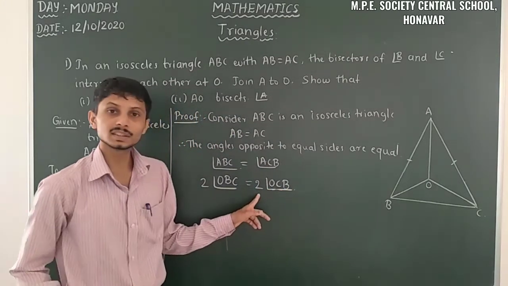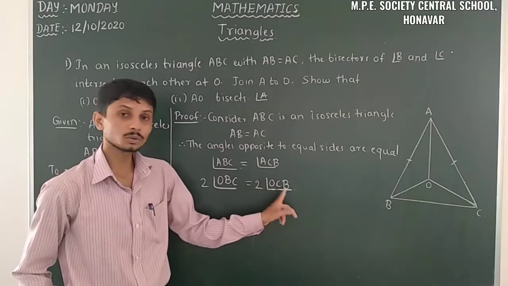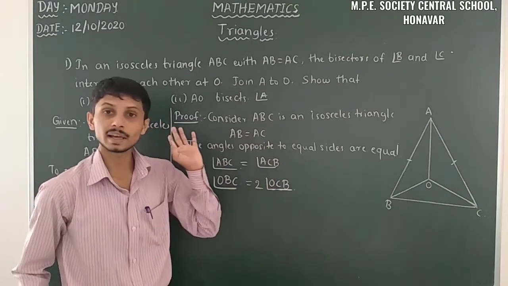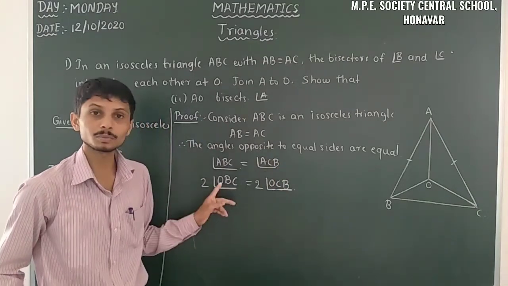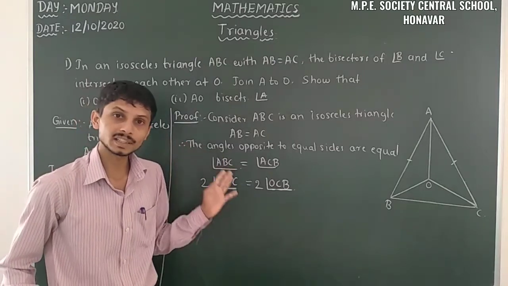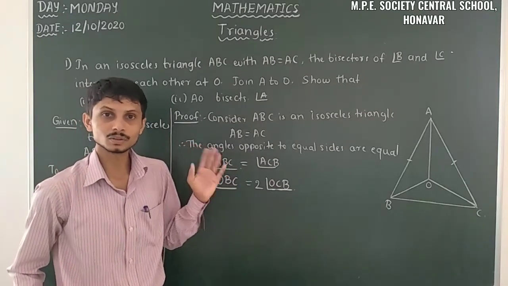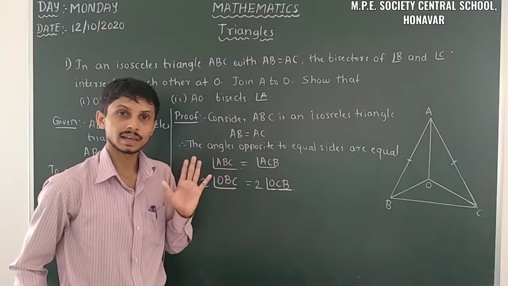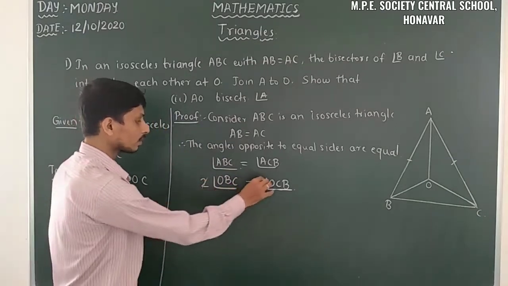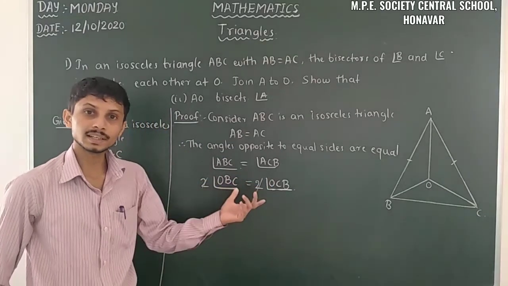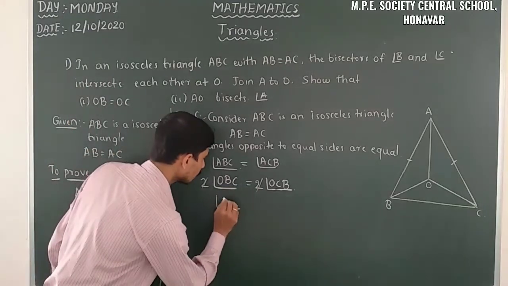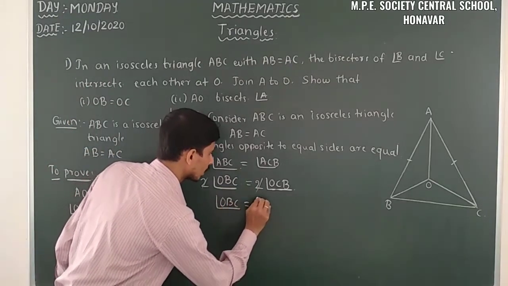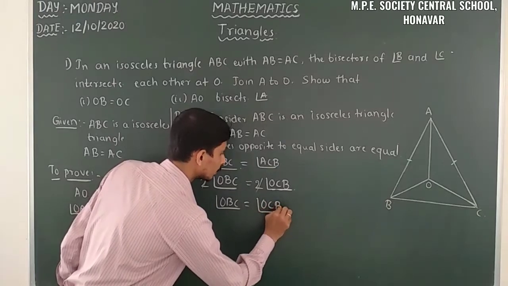So when we take 2 into this angle, we get angle ACB, and 2 into angle OBC gives the measure of angle ABC. Those two are equal. Just observe, the 2 we can easily cancel. Then angle OBC is equal to angle OCB.